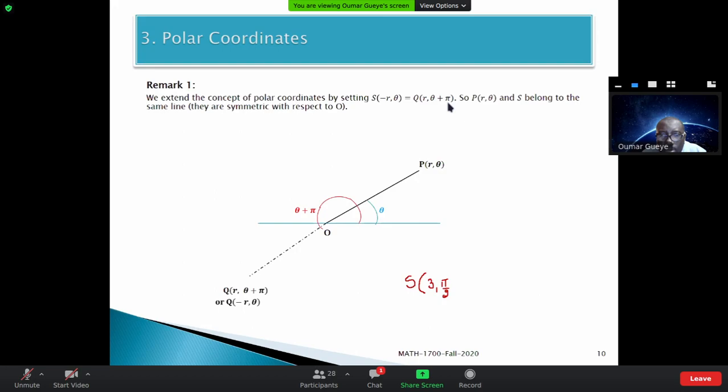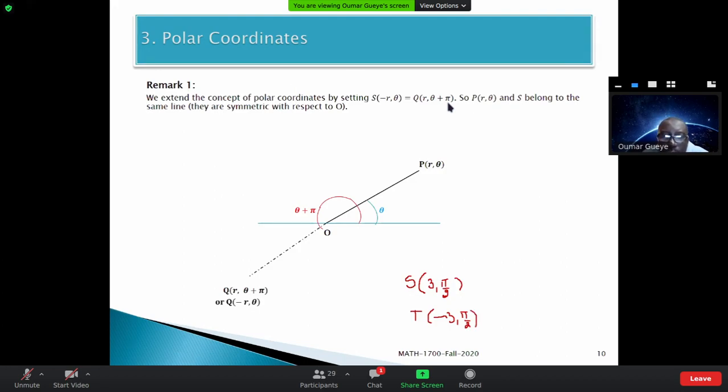Okay, I'm going to represent two points. And let's say we have T with coordinates -3 and pi over 2.